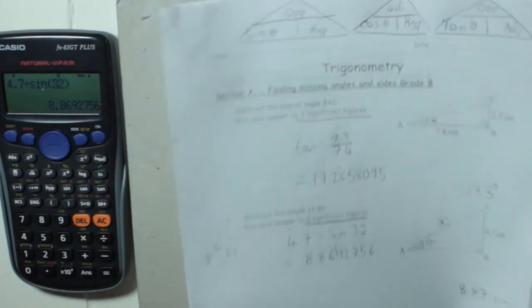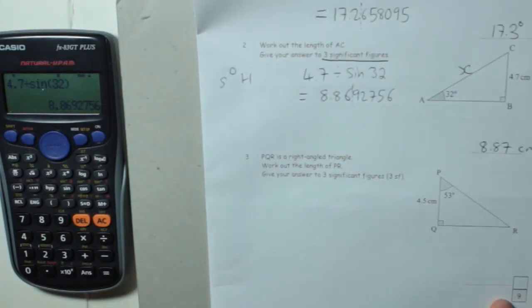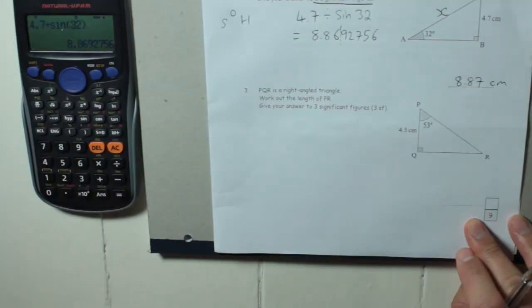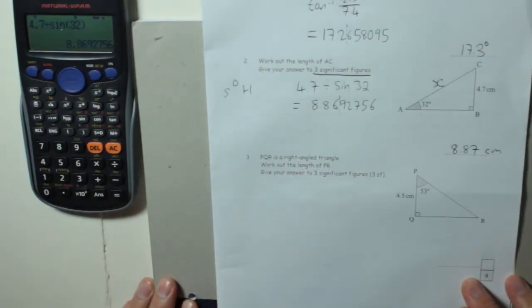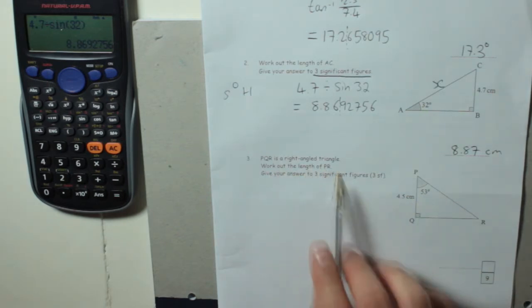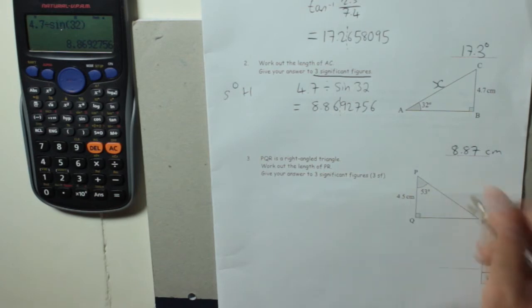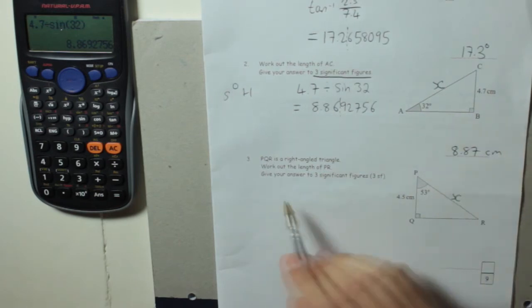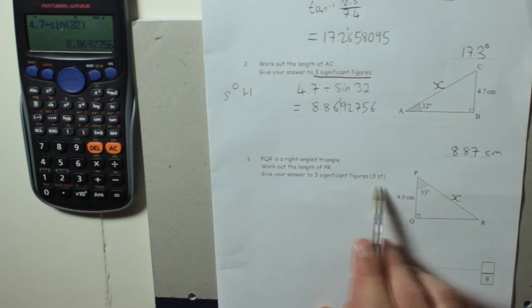Question 3. PQR is a right angled triangle. Work out the length PR. So it's another hypotenuse. Give your answer to 3 significant figures.